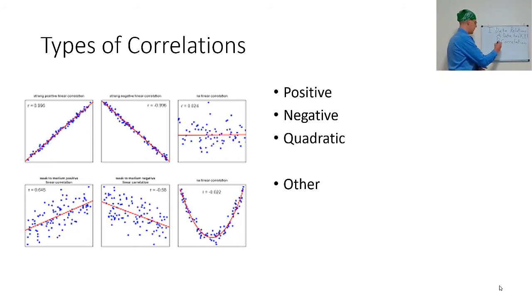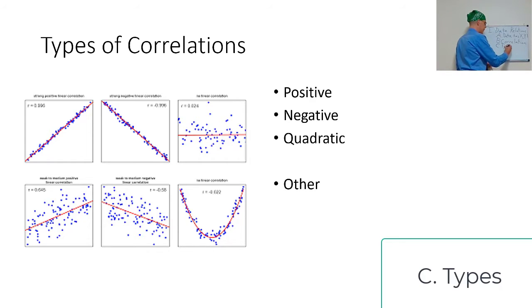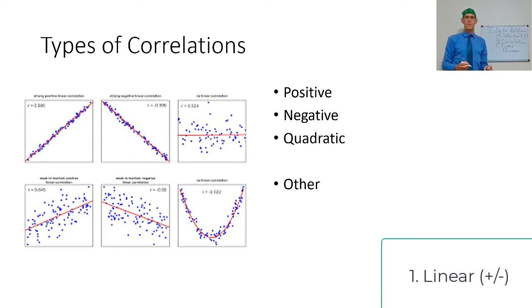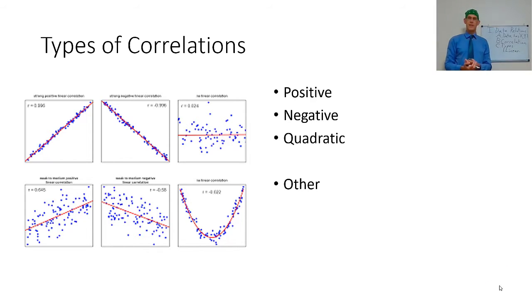There are different types of correlations. As I've kind of already mentioned, the linear relation. A linear relationship can be positive or it can be negative. Take, for example, the positive relationship between the number of sunny days and the number of squash I'm eating, and the negative relationship between the number of rainy days and the number of squash I'm eating.